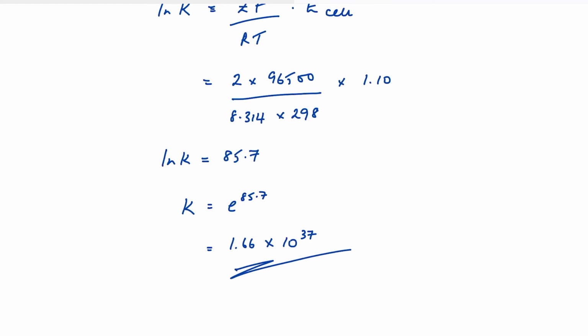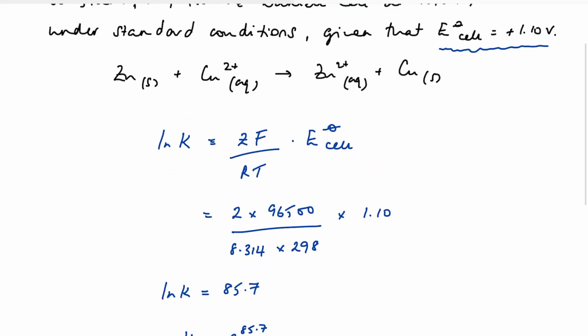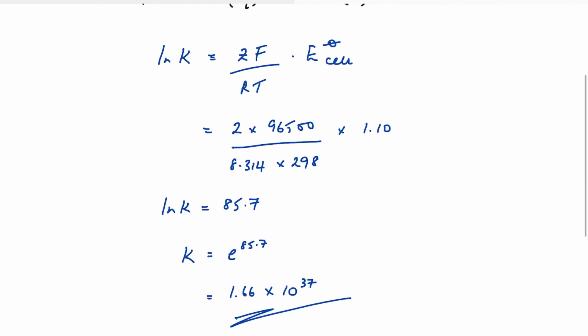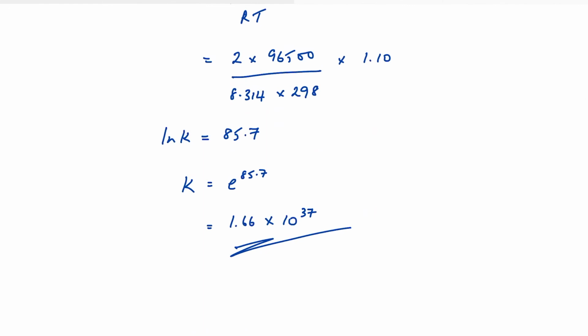This is a huge number. So very much definitely bigger than 1. So that tells me that this particular reaction between zinc and copper ions, to all intents and purposes, goes to completion. You also note there are no units for K, so don't worry about those.